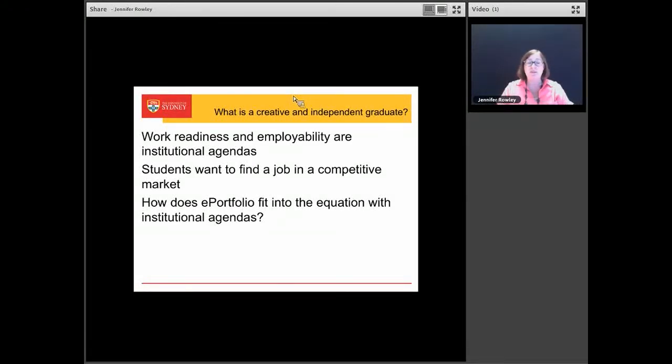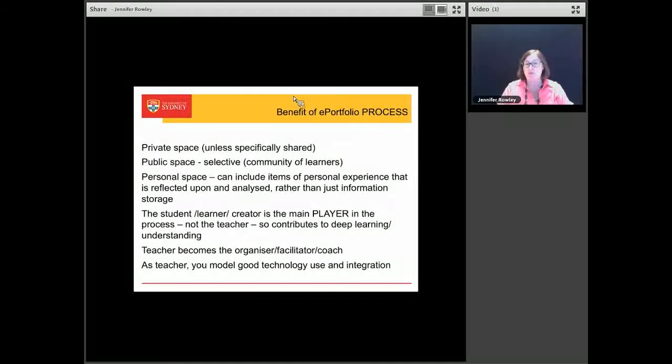For us, we have a platform that's supported centrally, and so for us, applying an ePortfolio process is not as challenging because we actually have the ePortfolio product that we can also produce at the end.